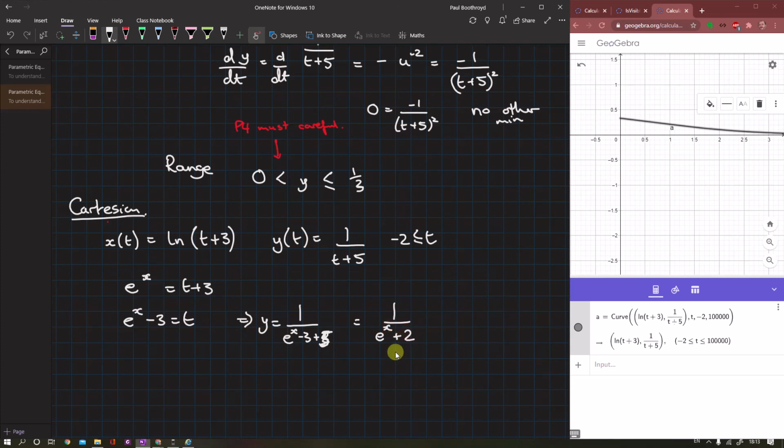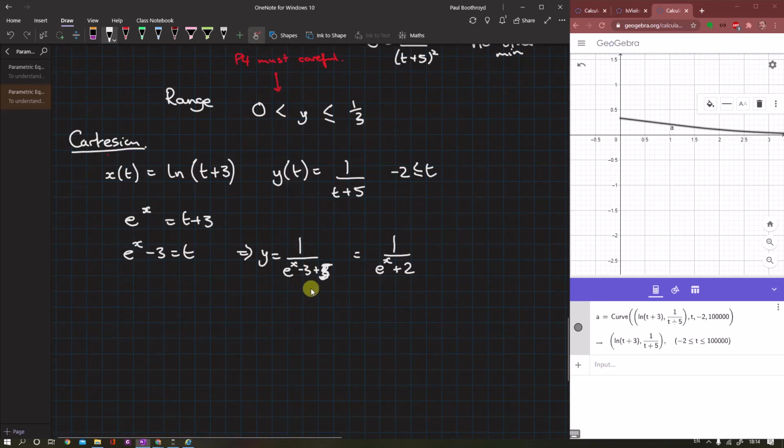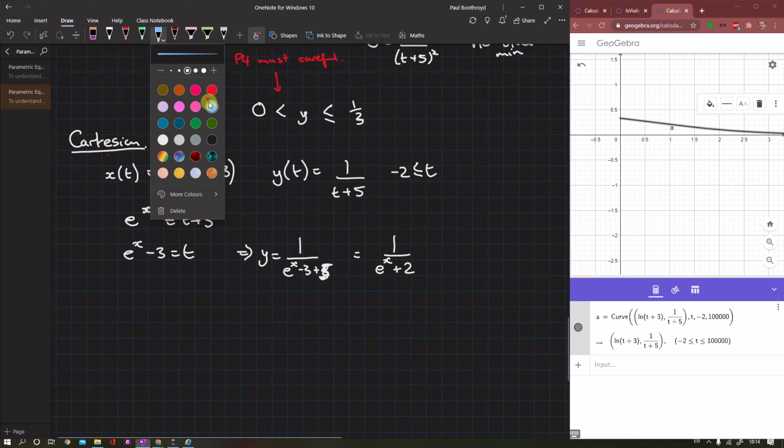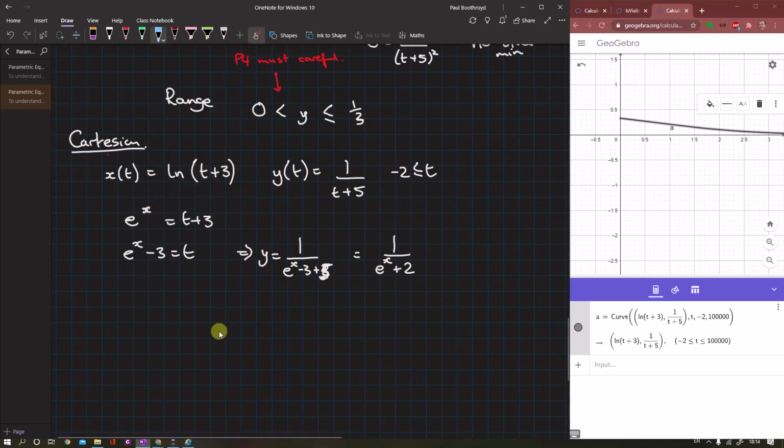And that's one way to get that Cartesian equation. If you get stuck with it, try the other variable. Remember, x equals is a perfectly valid form. So I'm going to try y equals 1 over t plus 5. t plus 5 equals 1 over y.